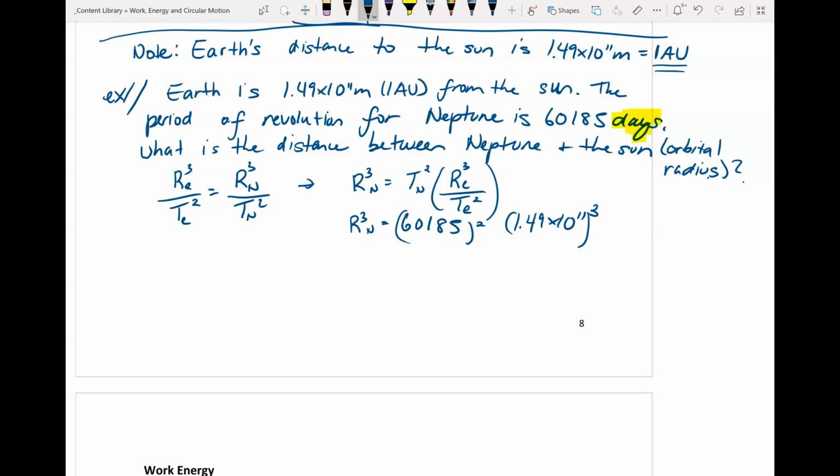Approximately, we always say it's 365 days to go around the Sun, and that's how many days are in a year, but to be more exact, it's actually 365.25. And that's why we have leap years to account for that 0.25. So just a reminder here that TE is 365.25 days.